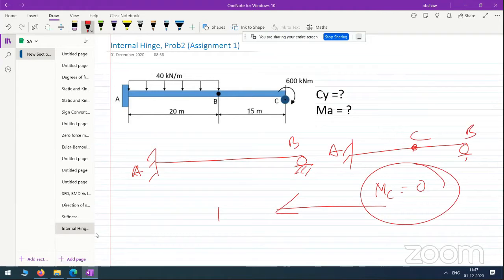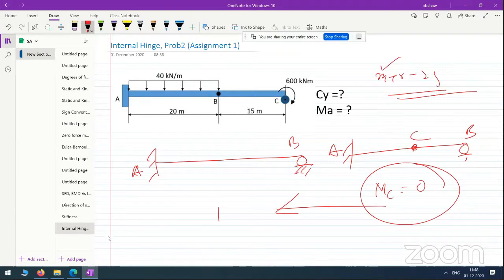So almost done, because I have just received a message that I have a few minutes left. A few questions. The indeterminacy of a truss is, we know, m plus r minus 2j. In a truss, all the members are two-force members. M stands for the number of members, because every member has one unknown, the axial force.